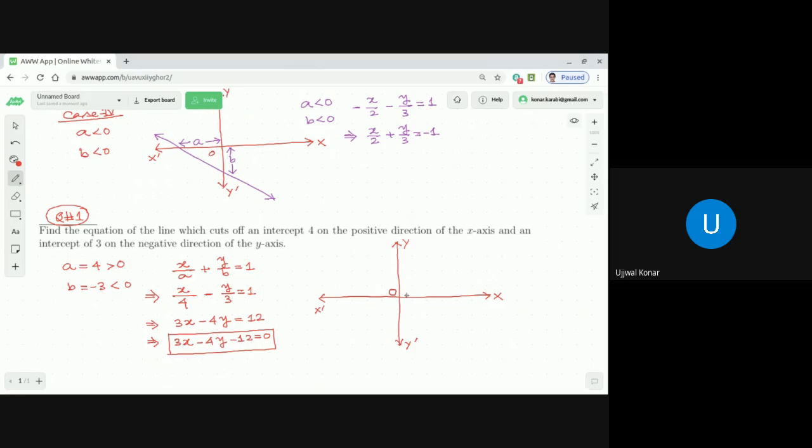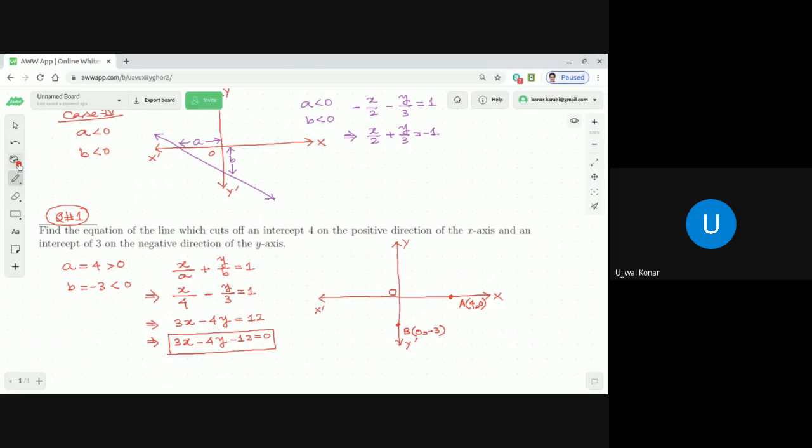So x intercept is 4. Suppose this is 4, 0. In other words, this point A has coordinate 4, 0 and this point B has coordinate 0, minus 3.